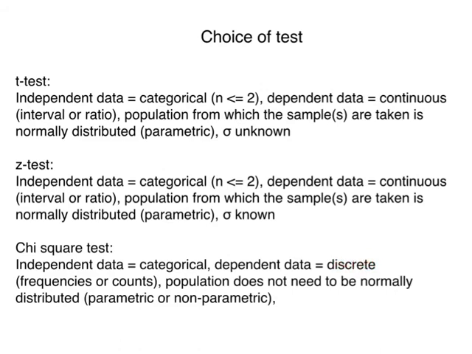They are not continuous like in the t or in the z test. They are discrete data, so they could be either frequencies or counts, where we just simply count how often something happens. The nice thing about the chi-square test is that the population does not need to be normally distributed, so it can be parametric or non-parametric.